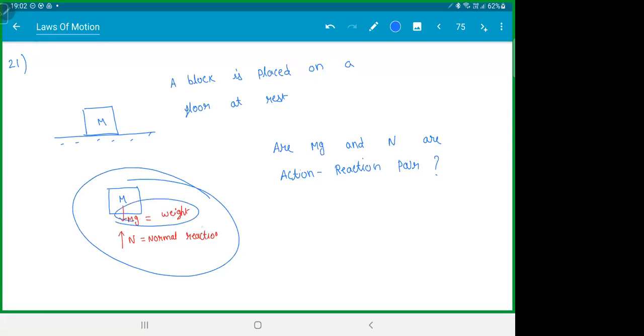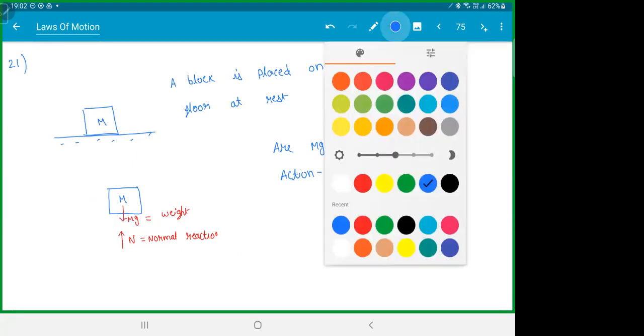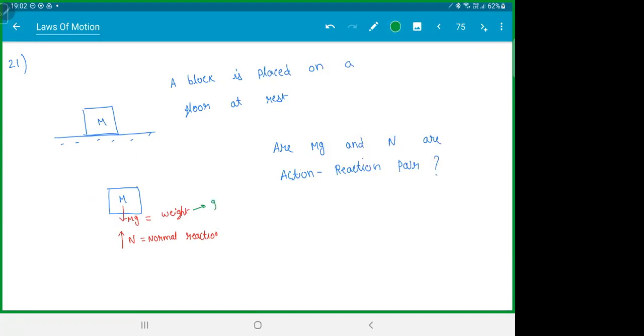Mg is gravitation, normal reaction is electromagnetic. Are you getting this? They're not a pair. This is gravitation and this is electromagnetic. So where is the pair then? Where is the other pair of forces?